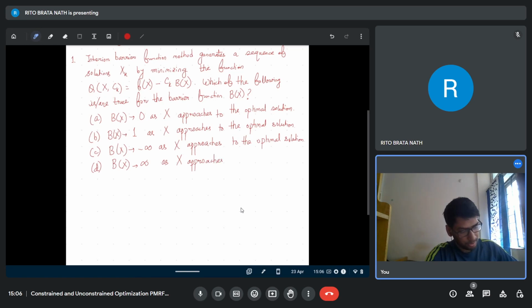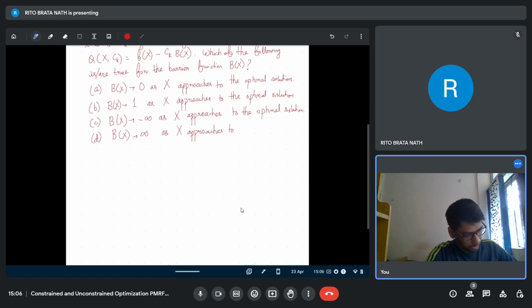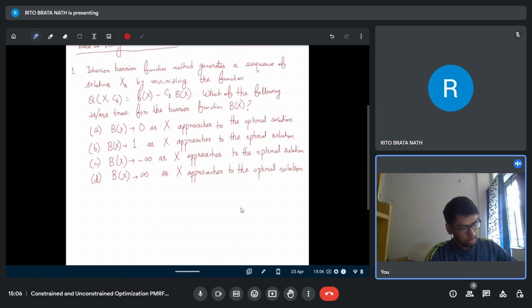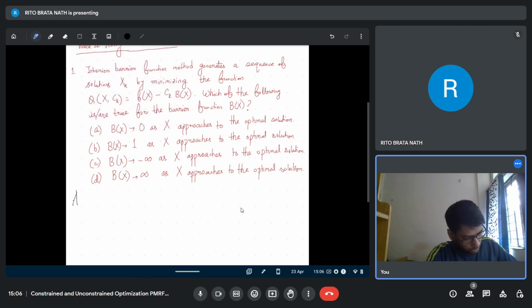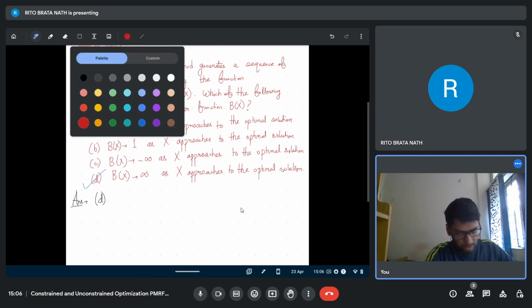And it is absolutely true that B(x) will tend to infinity as x approaches the optimal solution. So the answer is option D, and it is correct. This was kind of easy and self-explanatory.